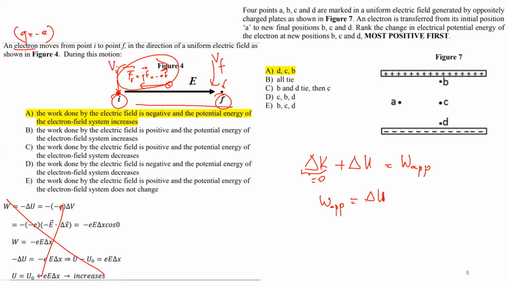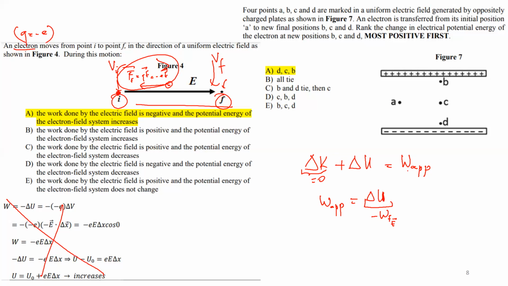Now you remember delta U, which is the change in electric potential energy, is minus the work of the electric force, because the electric force is a conservative force. So the work of the electric force is minus delta U, meaning delta U is minus the work of the electric force.